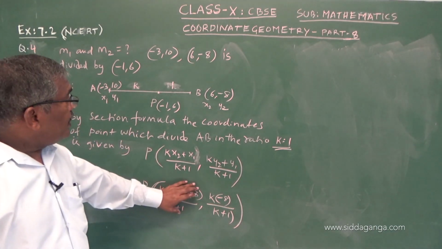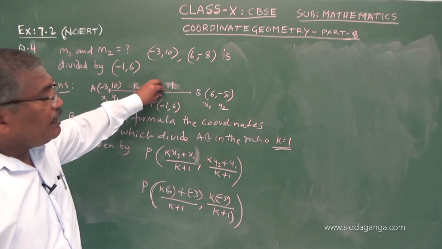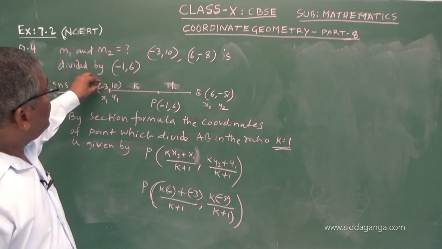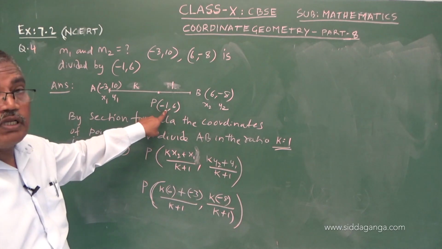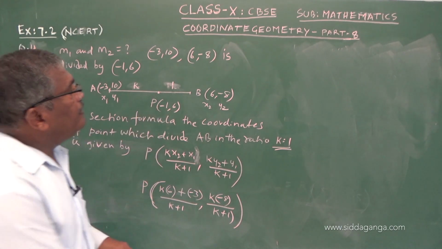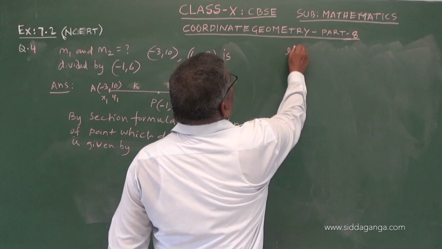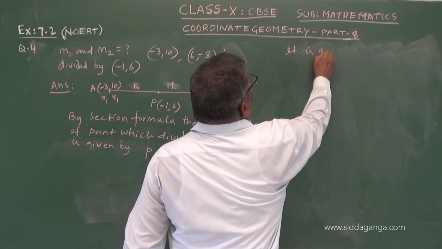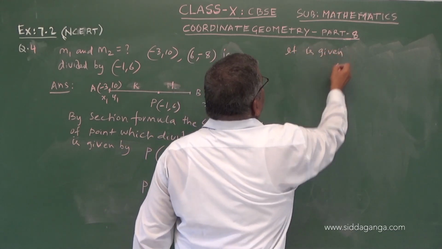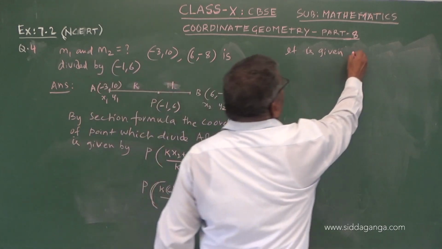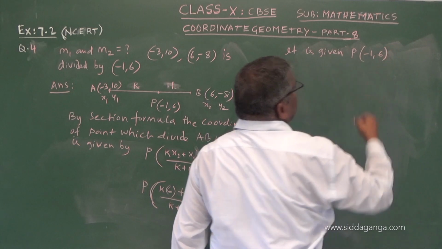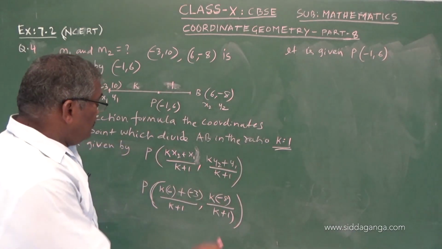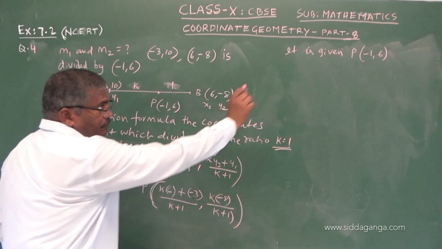But these are the coordinates of point P which are divided in the ratio k is to 1, but the values are given here. Observe here, it is given the P coordinates as minus 1, 6. So now I will equate this with this.